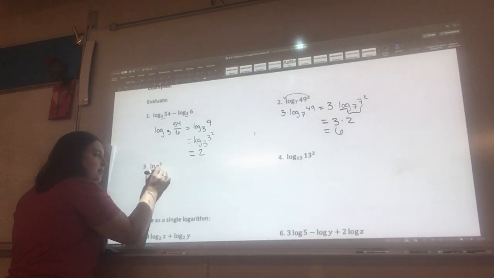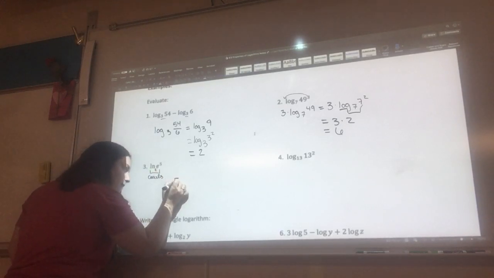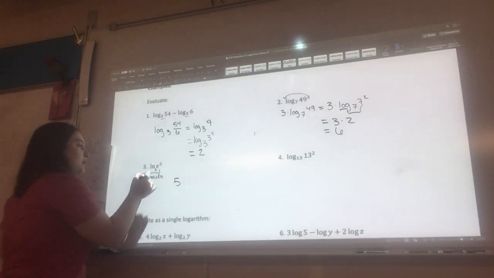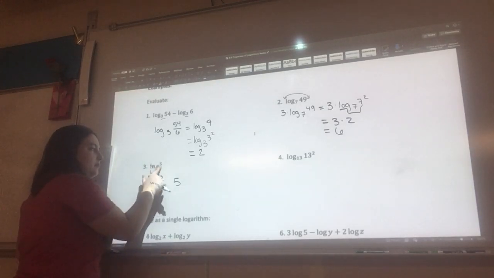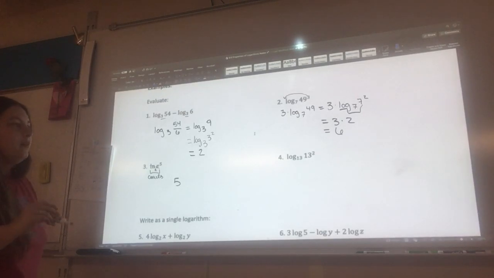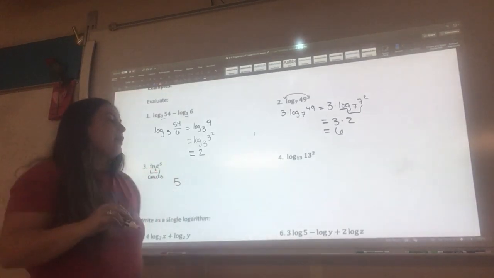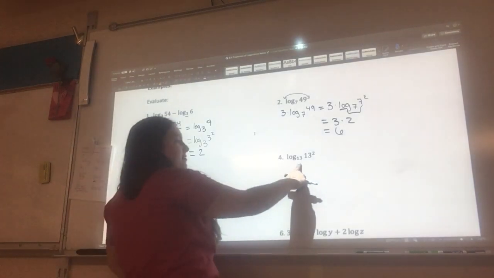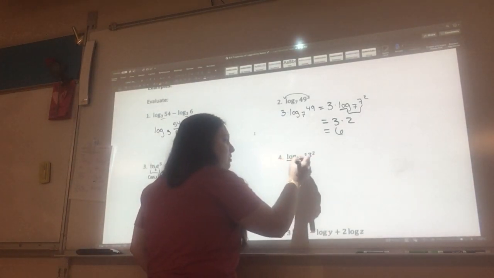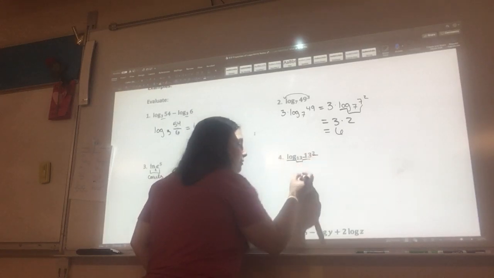So what this does is it cancels, and we're going to be left with 5. So ln of e to the 5th cancels itself out, and we're left with our exponent of 5. Once again, we have a cancellation property here. We have log base 13 of 13 squared. Since these match, our answer is 2.